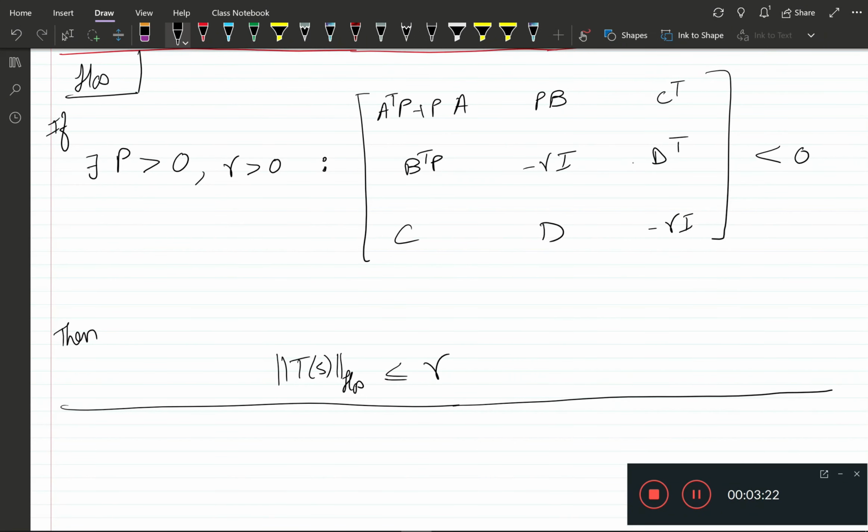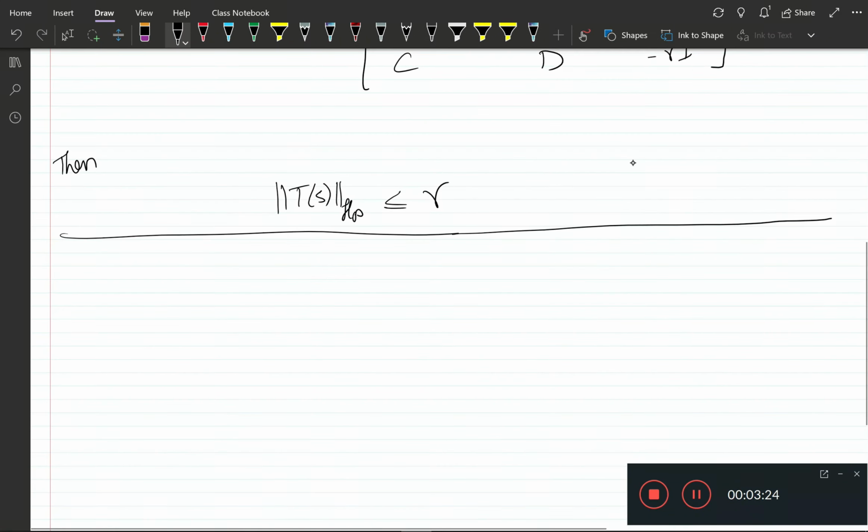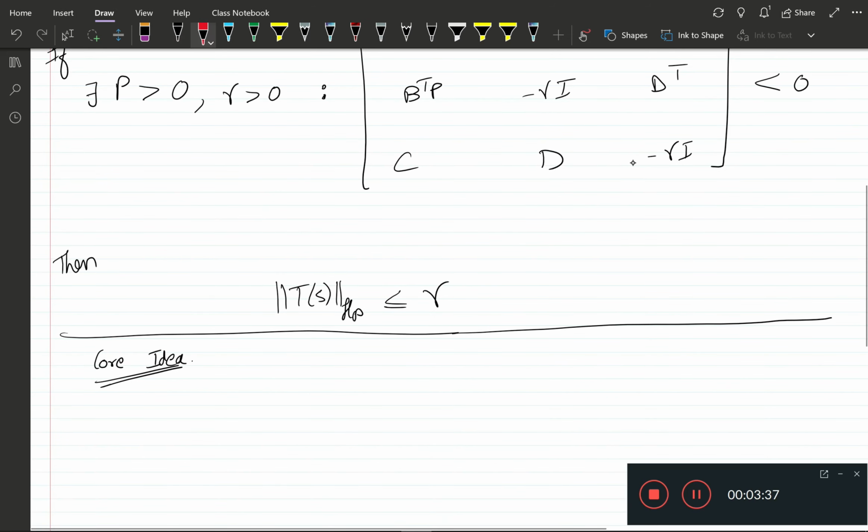Now let's also quickly review the core idea behind this LMI. Let's call this f of P comma gamma.